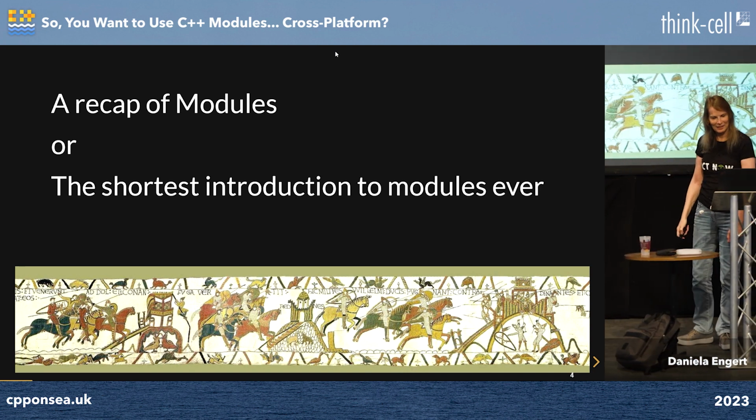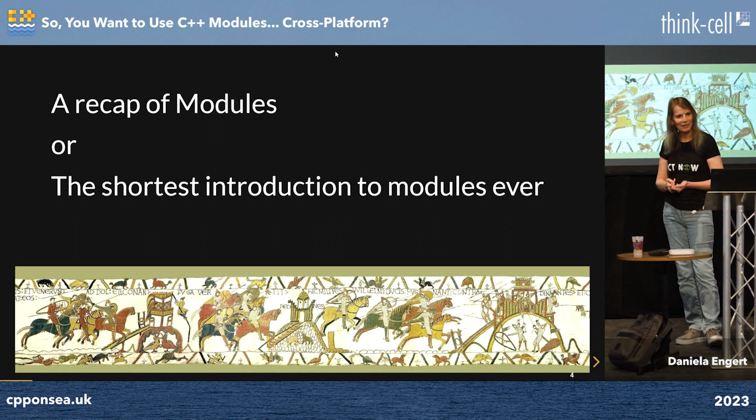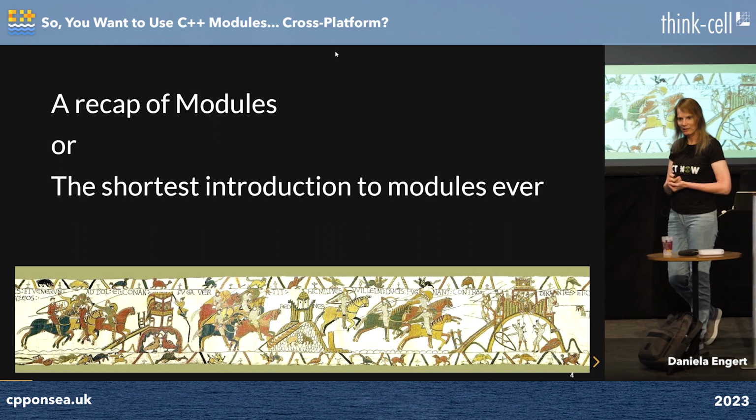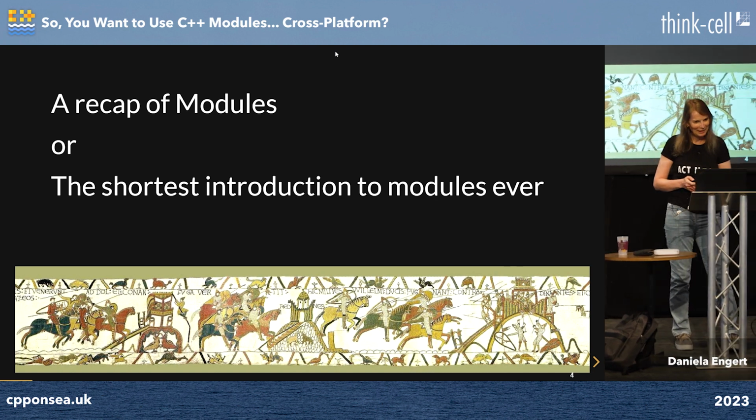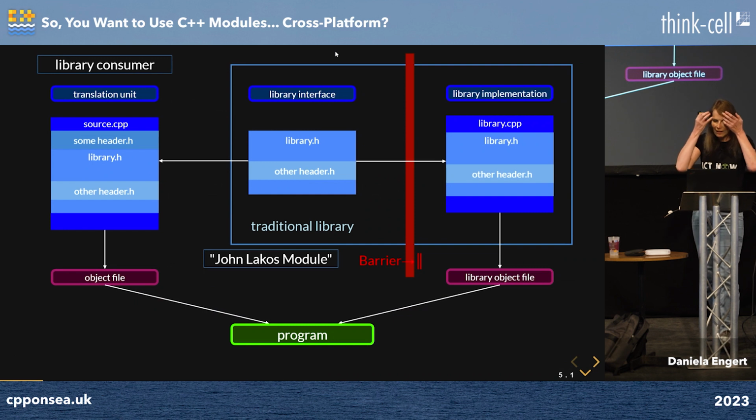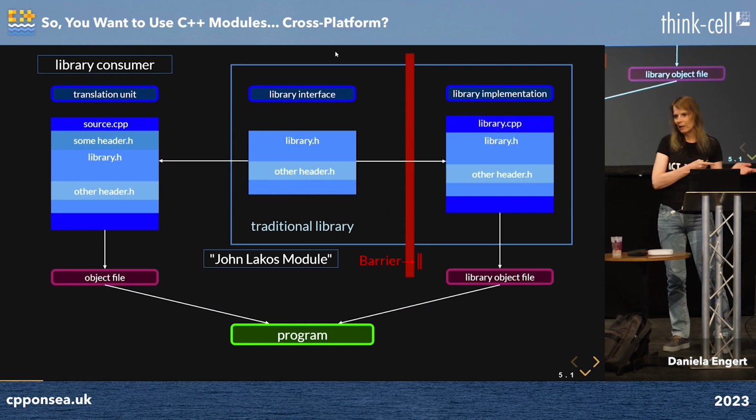So what I will give you in the hopefully 10 minutes now is the shortest introduction into modules ever. Let's see if I can get it in 10 minutes. What we usually do in our development, we have libraries and library consumers.